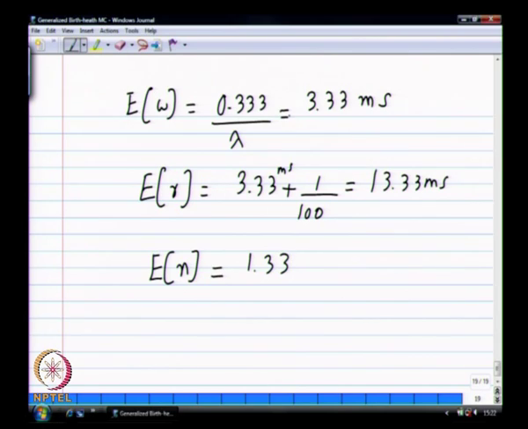So what this says is that having one faster server is better than having two slower servers, even though their combined capacity is the same. That is all it is trying to show.